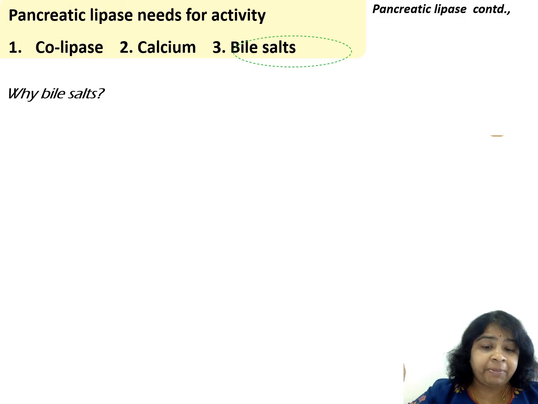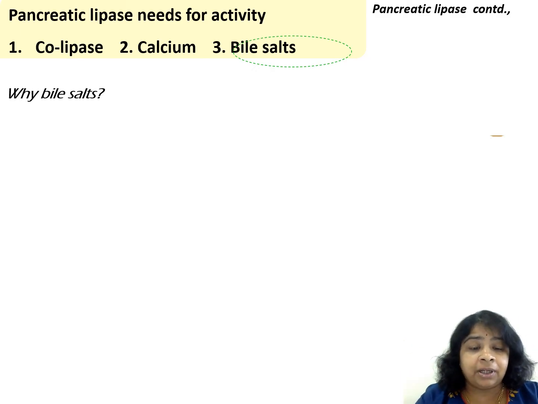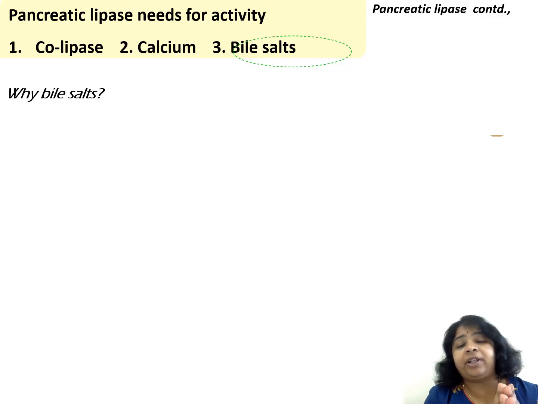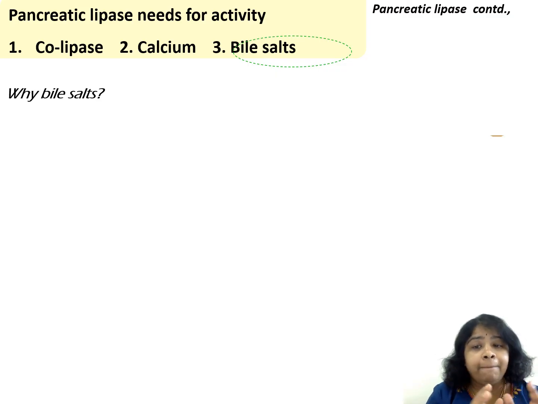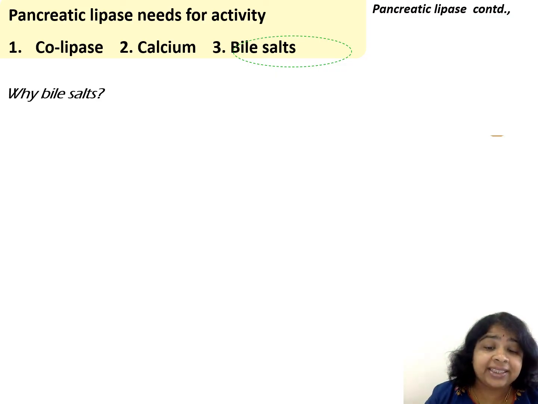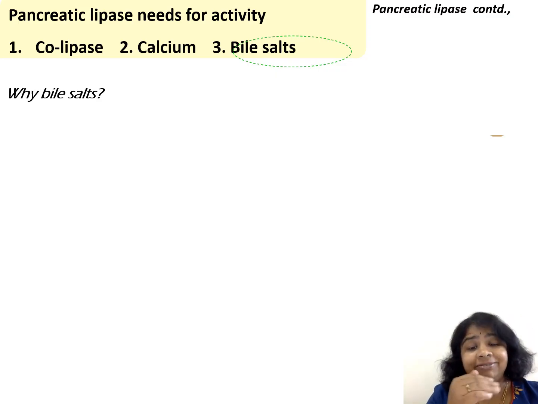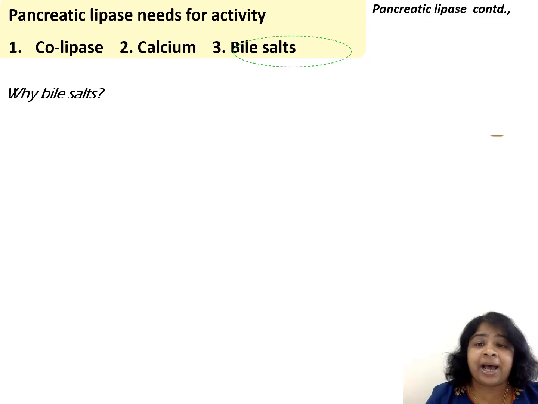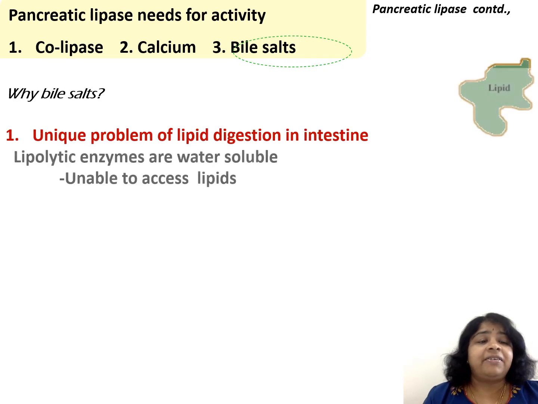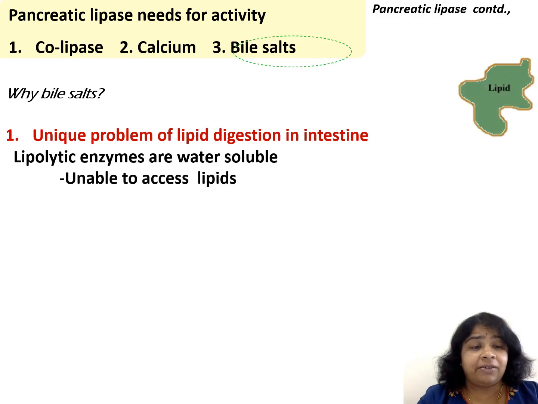They are not going to remain as broken up fat droplets, but they all prefer to come together and coalesce to form a big globule. When this happens, the amount of active sites available for lipase will be reduced. Therefore, to prevent this from happening, we have the bile salts, which will help.